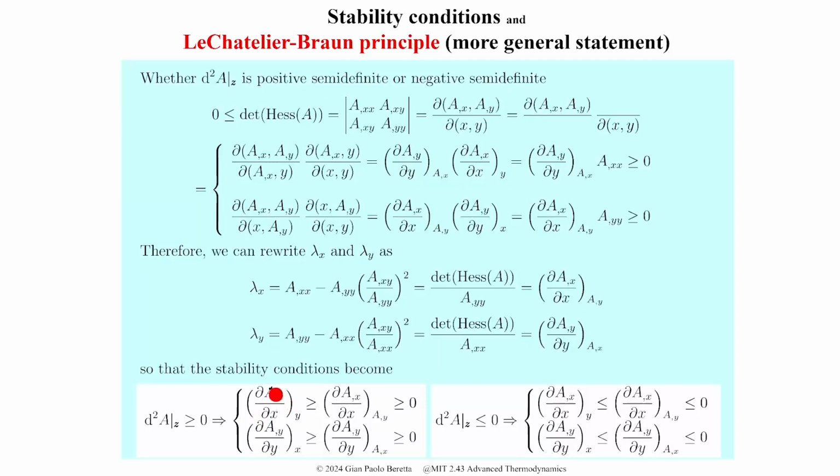So this is the meaning of partial of A comma X, again, comma X, done at constant Y.